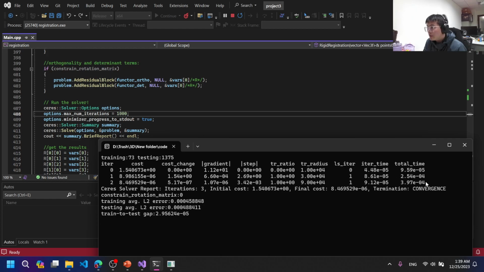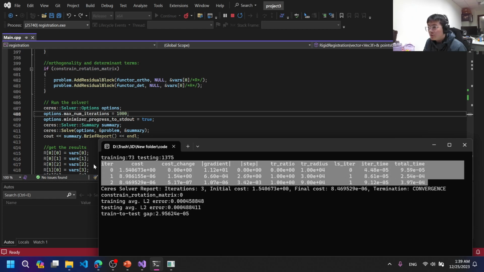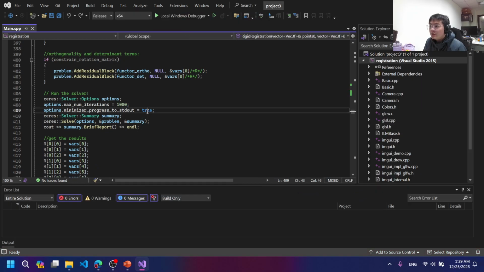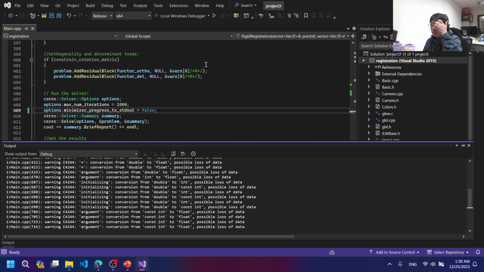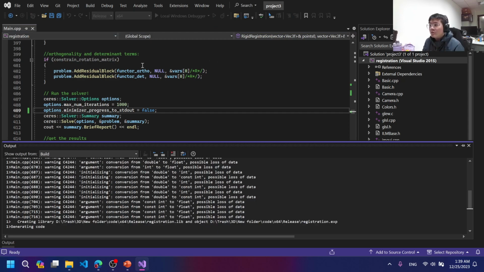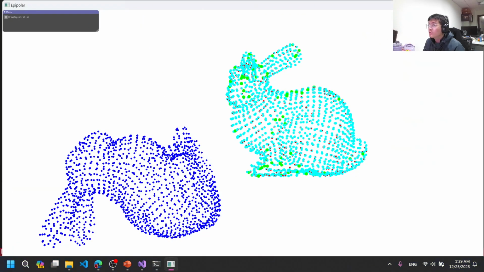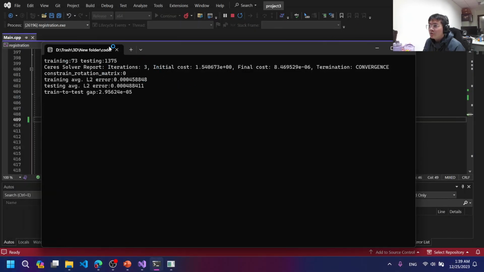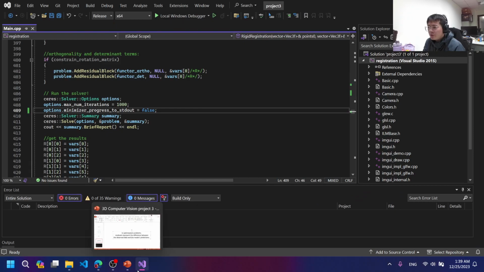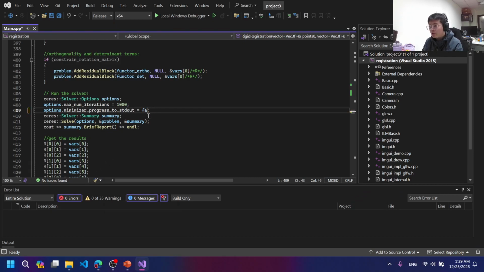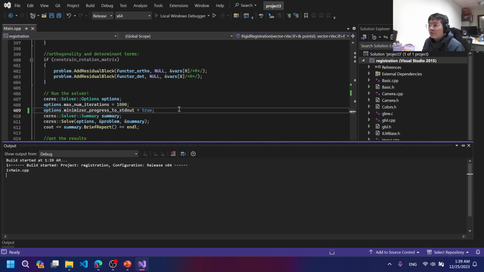So we can look at this table over here. If I set this to false, then the table is no longer over here. That table has quite some important stuff, so I think it's an important function.